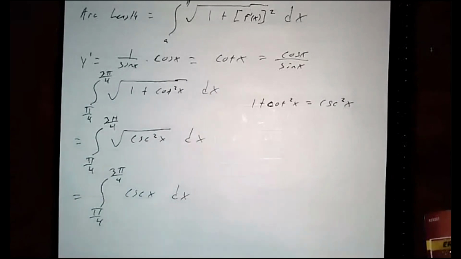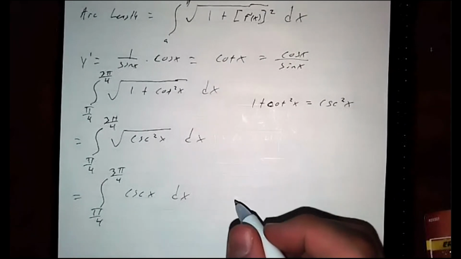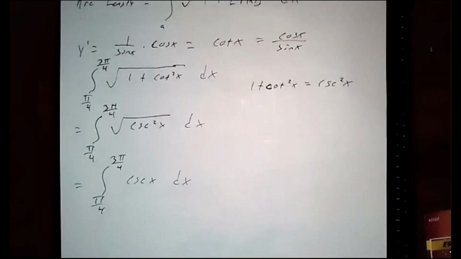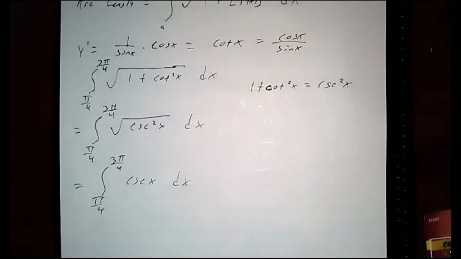So what is the integral of cosecant? Let's see, I think it's negative ln or something like that.